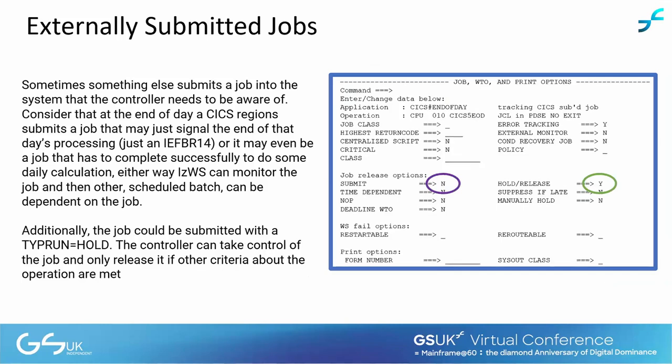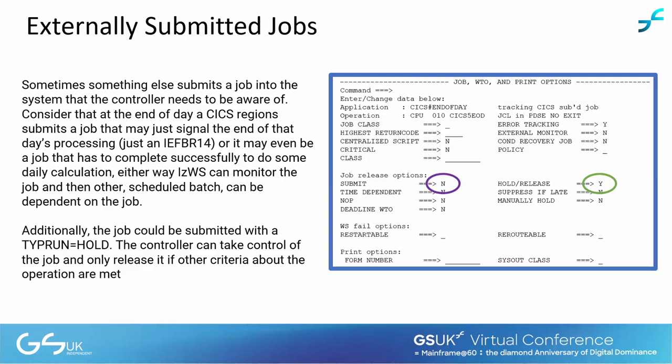Externally submitted jobs. So one example of this might be something like CICS. At the end of the processing for CICS for that particular day, there could be a process within the CICS environment that submits a job.